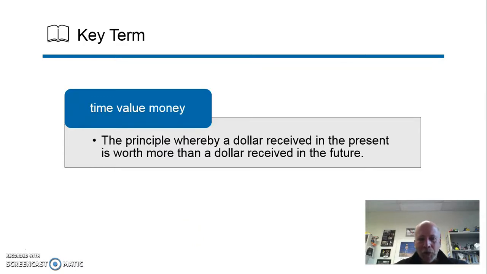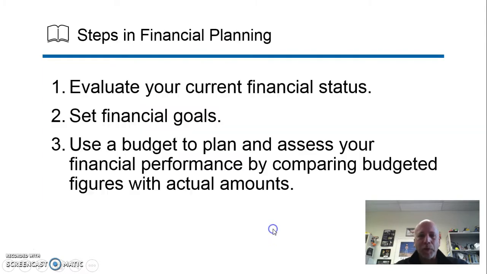Why? Because you can invest it today and earn money, or if you use it to buy something, with the rate of inflation, the $10 will buy more today than it will in the future. And that's why a dollar received today is worth more than a dollar received in the future.